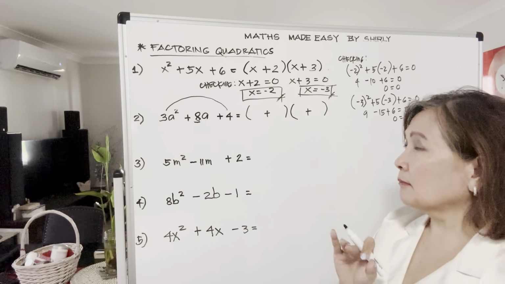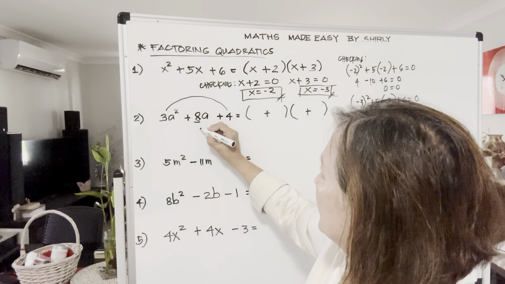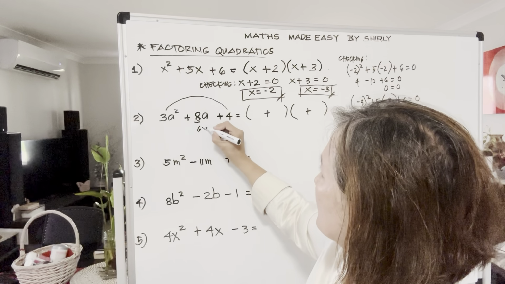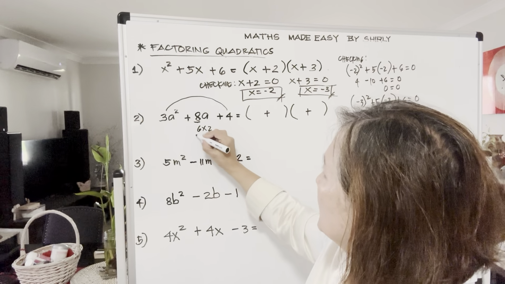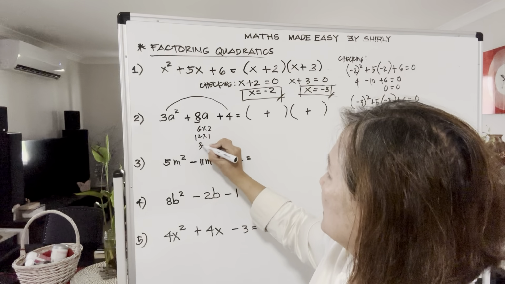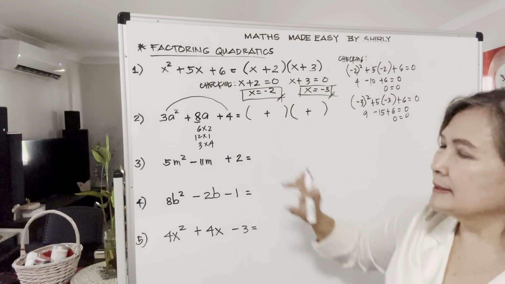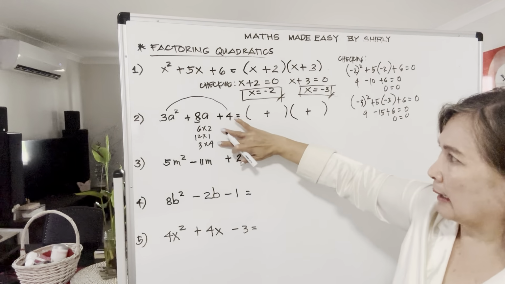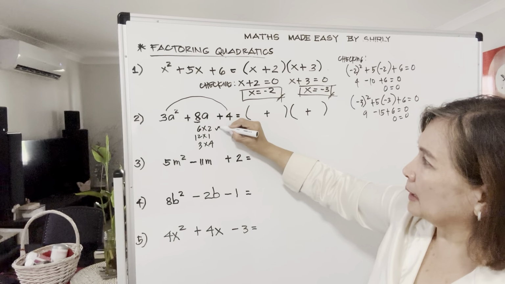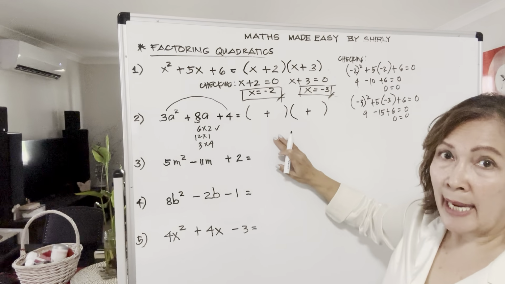So, what are the factors of 12? We have 6 and 2. We have 12 and 1. We have 3 and 4, obviously. But of all these pairs, the first one will give you the sum of 8.